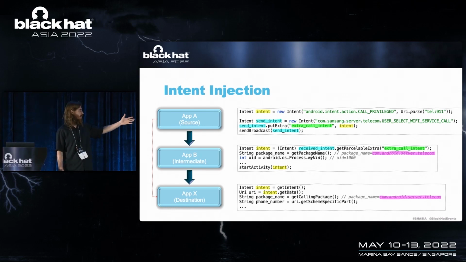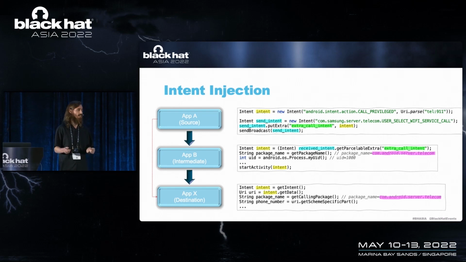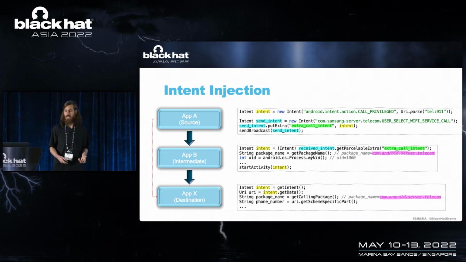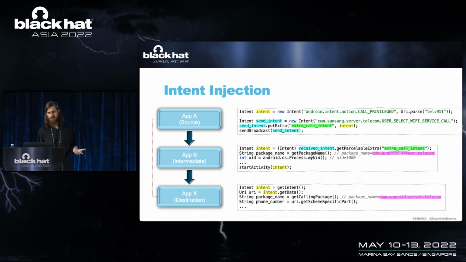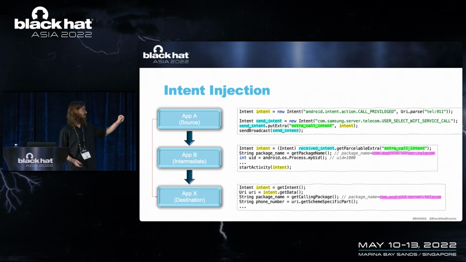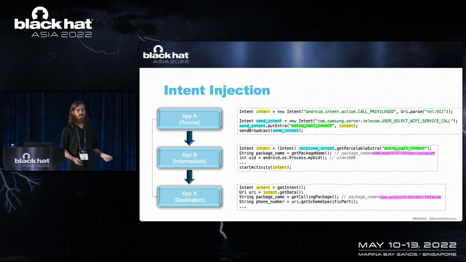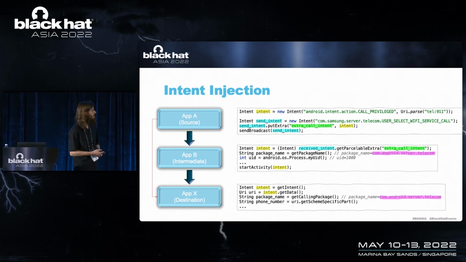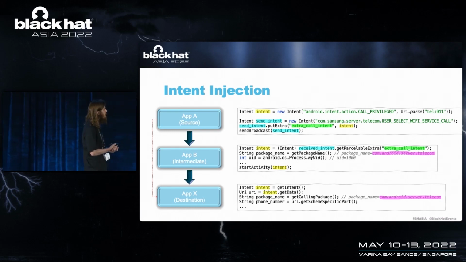And here, application A is going to create an intent, in yellow, which is to essentially call 911, an emergency number. It creates a second intent in blue. And then it's going to embed the first intent into the second intent using a key name, which is extra call intent.